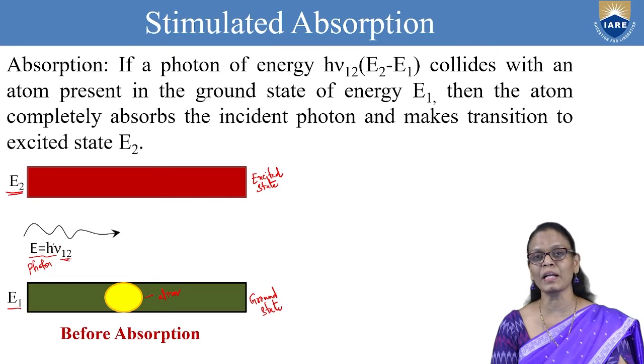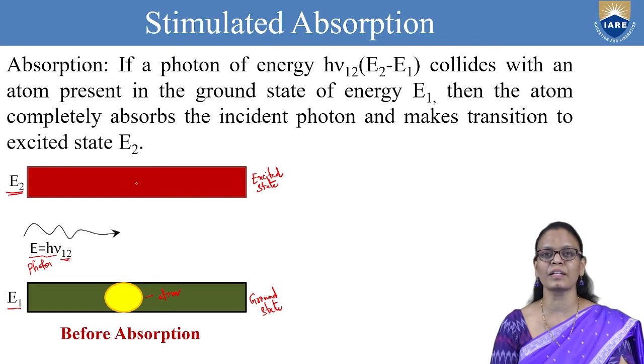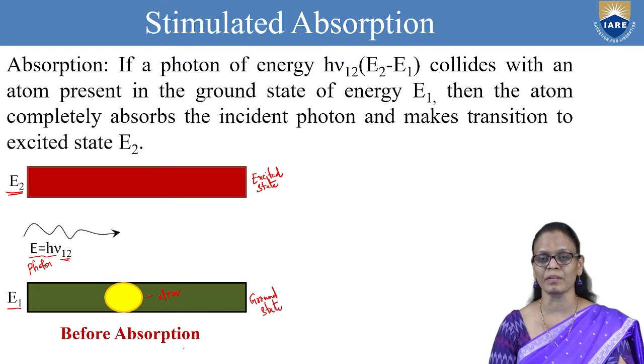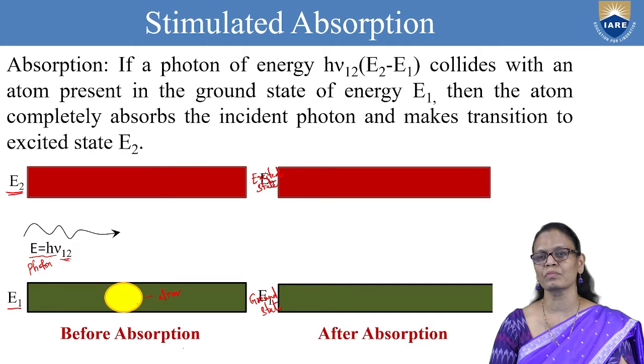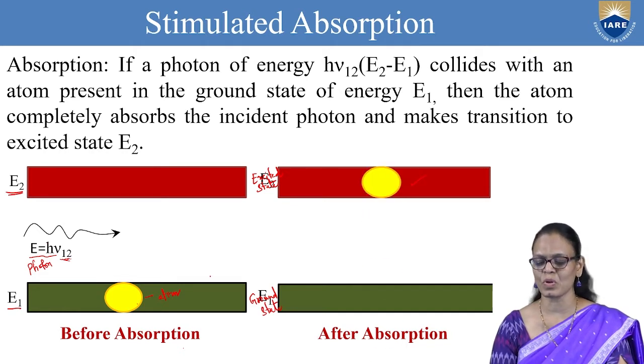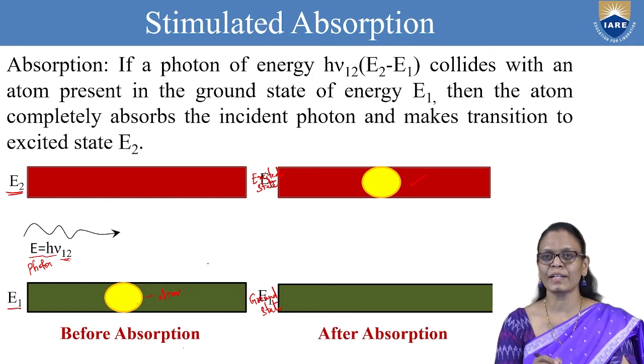So before absorption, the atom is in the ground state and we are stimulating it with the help of an external photon. Once this atom absorbs the energy, what happens after absorption? The atom which is in the ground state will make a transition to the excited state by absorbing the energy. So let us see the definition.